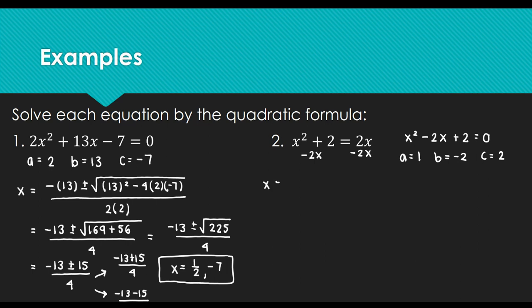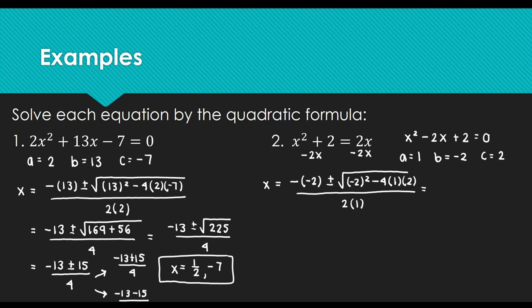So once again, my formula, x equals, we'll have negative and then b plus or minus under the square root, we'll have b squared minus 4 times a times c. And then once again, the whole thing is being divided by 2 times a.